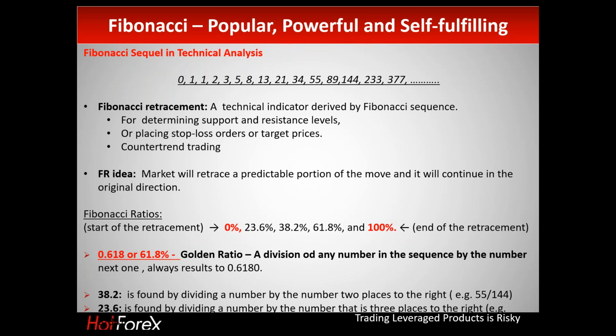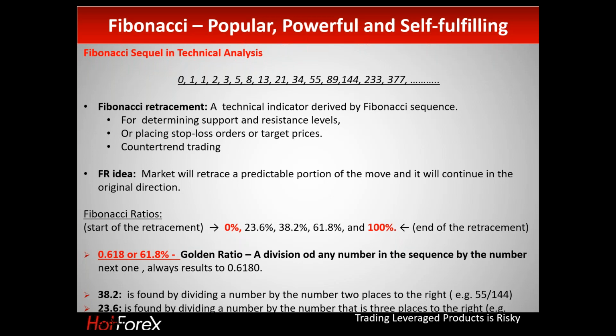In finance, Fibonacci retracement is a method of technical analysis for determining support and resistance levels, or placing stop loss orders or target prices or counter trend trading, etc. They are named, of course, after their use of the Fibonacci cycle. That's why we name this tool Fibonacci retracement.